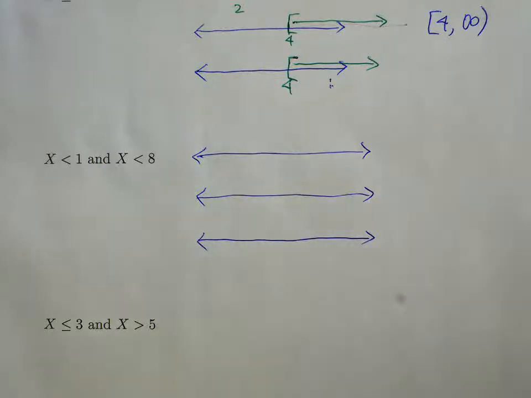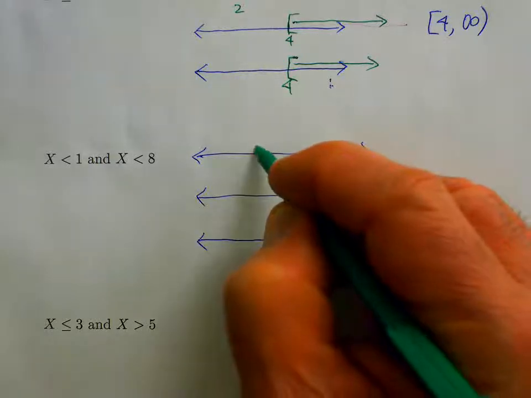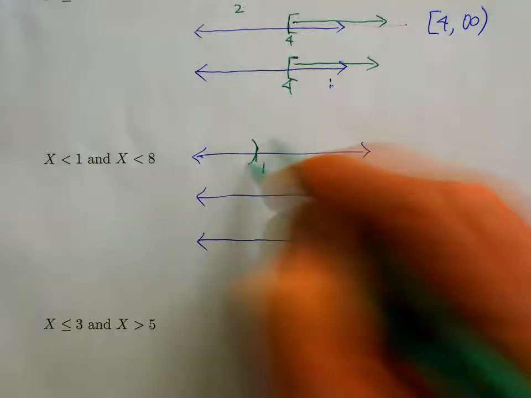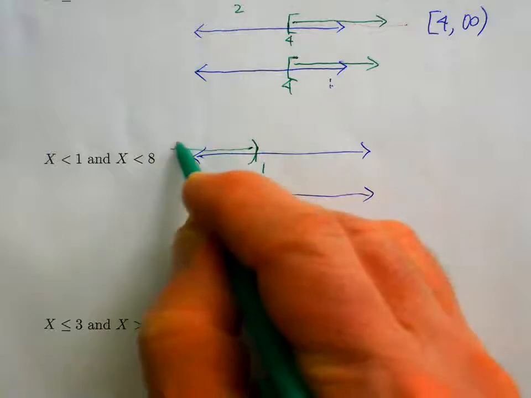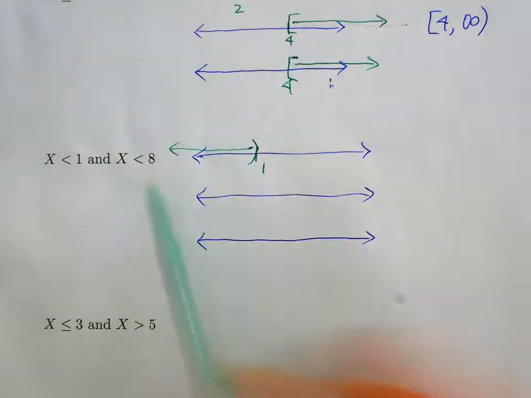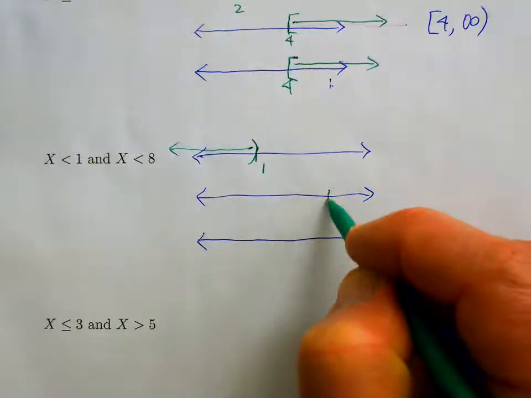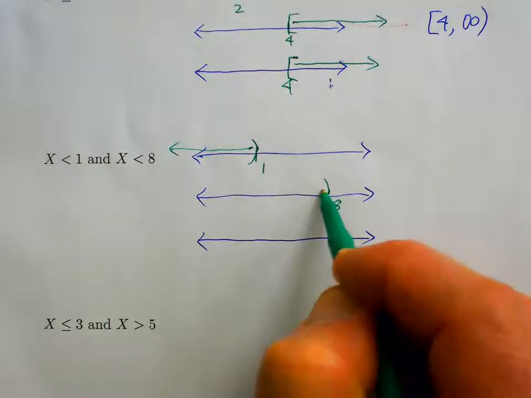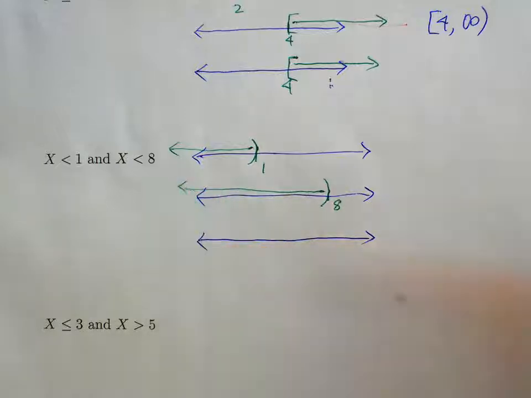If x is less than 1, that's parenthesis at 1, shade to the left. If x is less than 8, it's parenthesis at 8 and shade to the left.